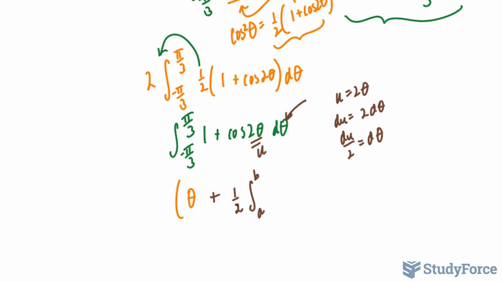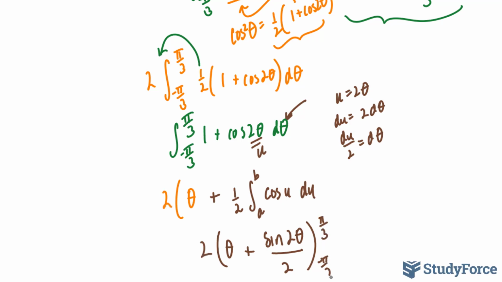I won't write them out, it's repetitive. Cosine u multiplied by du. The integral of cosine u is sine of 2 theta over 2 plus theta. And we will evaluate this at pi over 3 and negative pi over 3.